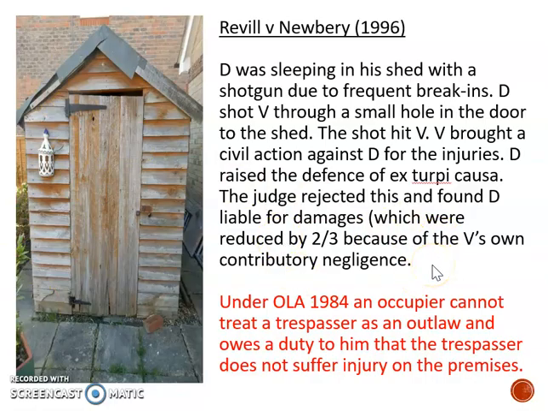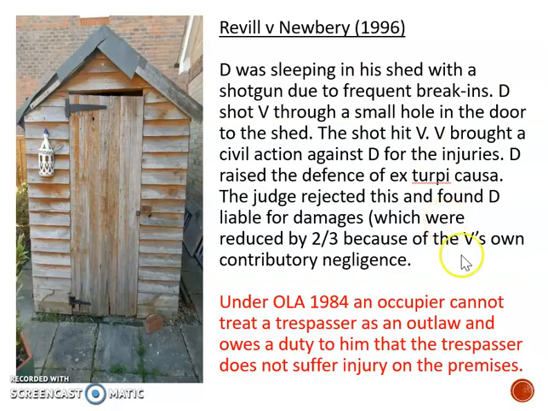So ex turpi causa is a really old defence, and it states that a claimant will be unable to pursue a legal remedy if it arose in connection with his own illegal act. So basically our defendant was saying because the victim was doing something illegal, i.e. burglary, he couldn't then sue for the injuries that he sustained.